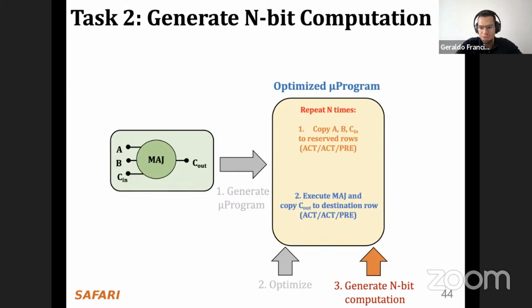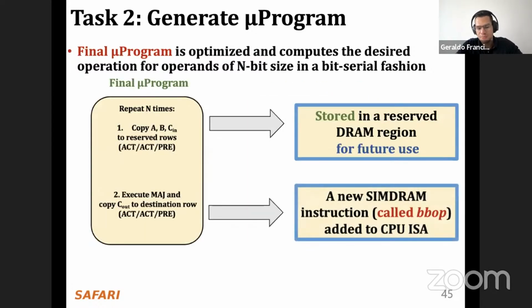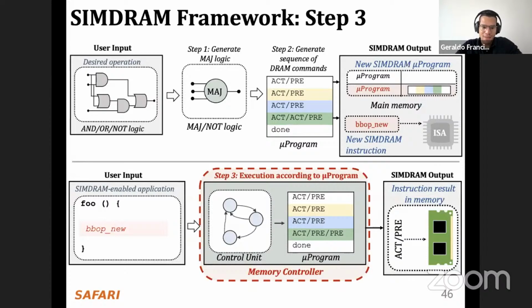After all of this, we have the final optimized microprogram, which is going to be stored in the DRAM area for future use, and we are also going to include a new SynDRAM instruction called BBOP in the CPU ISA, so the user can interface with this particular microprogram.